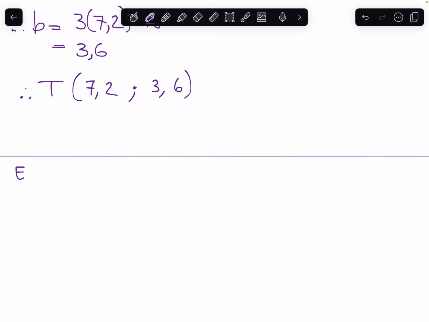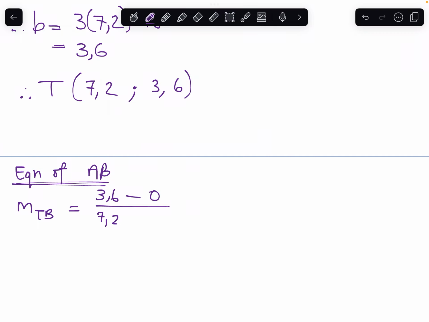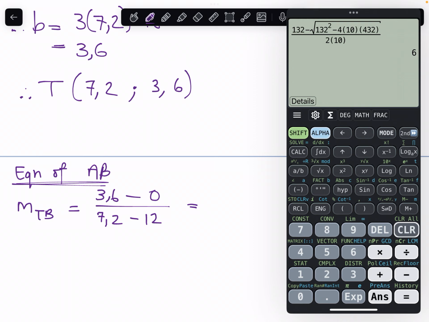So equation of AB, we will find the gradient of TB, which is 3.6 minus 0 divided by 7.2 minus 12. Okay, I'm going to bring my calculator out for that one. 7.2 minus 12. So that is negative 3/4.